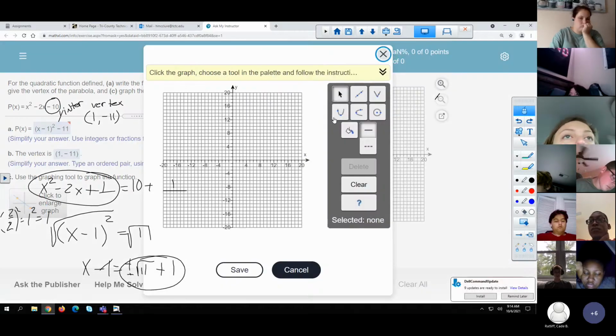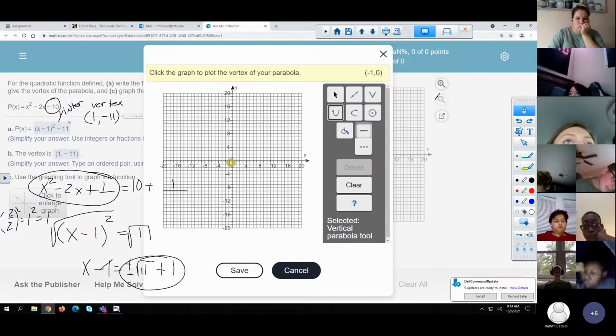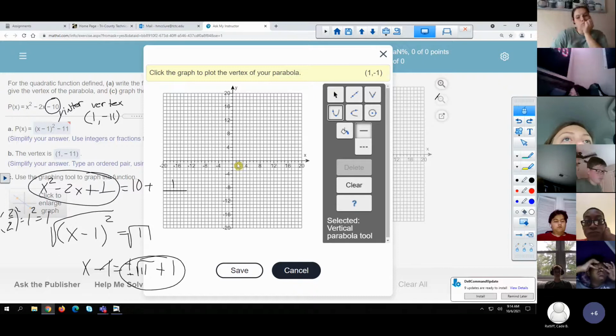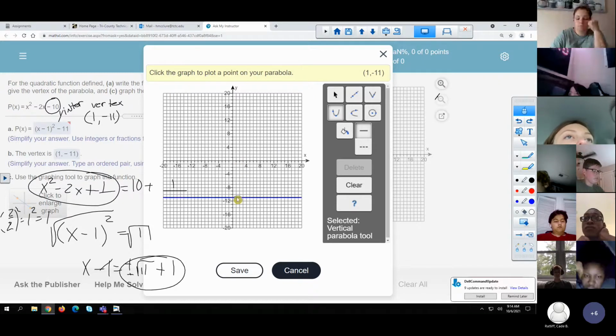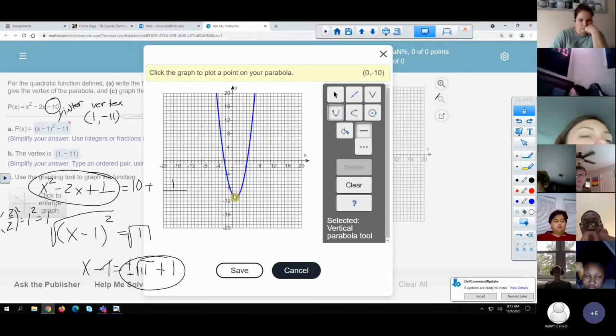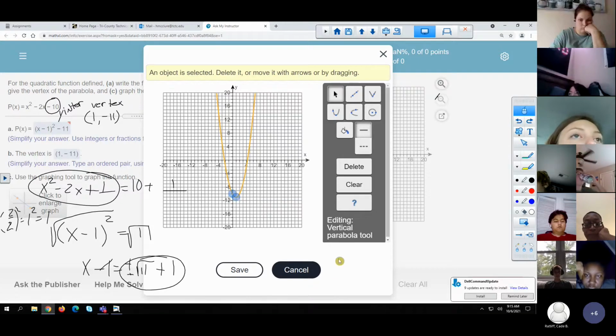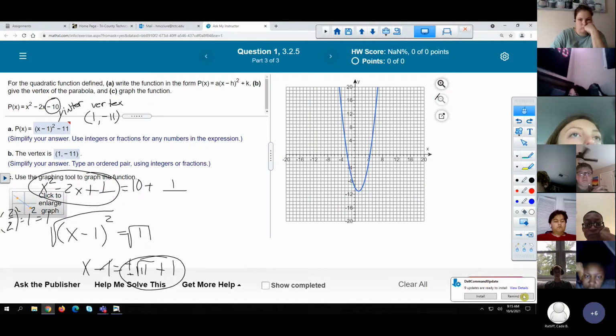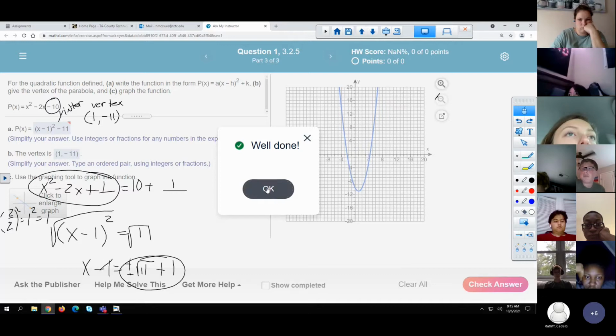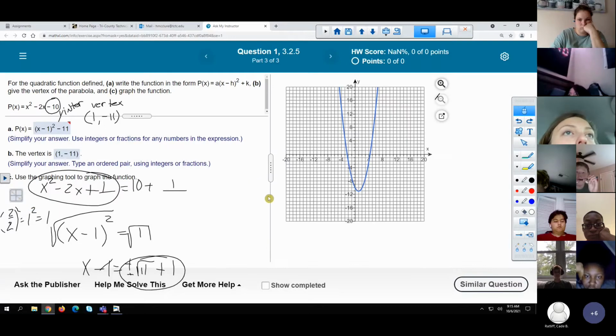I'm going to graph the vertex, which is going to be positive 1 and negative 11, right about there. And the y-intercept is negative 10. And that's it. Check the answer. Is that a test question? You bet your bottom dollar that's a test question.